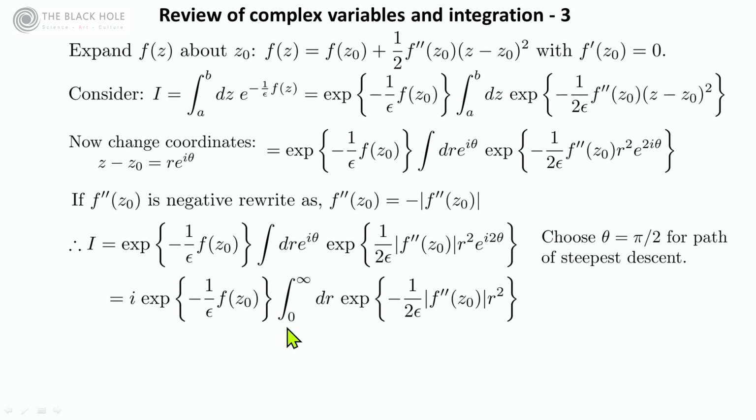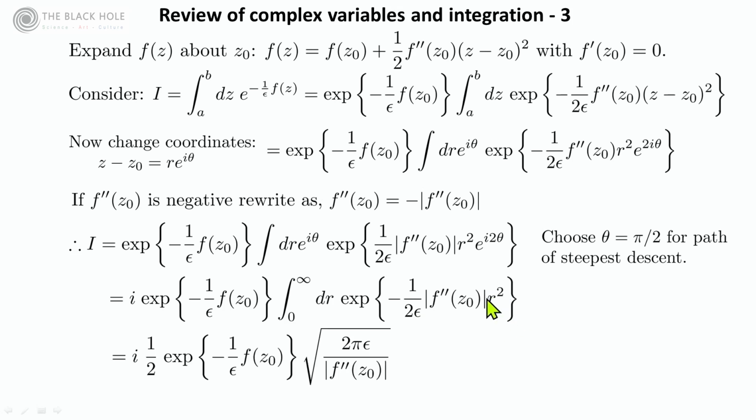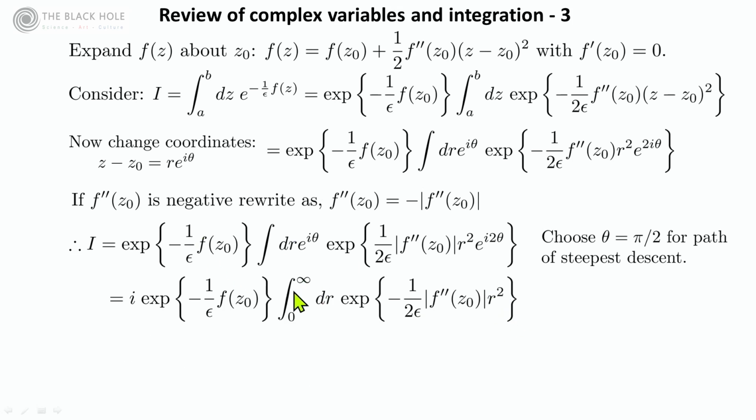Now here you see, how did I change the limits of integration from 0 to infinity? That's because in the limit that epsilon goes to 0, the only thing that will matter is small values of r. So this upper limit over here could be something else, but it doesn't matter, because if epsilon is small enough, then the rest is exponentially small. So this is called the method of steepest descents, I think invented by Laplace 200 years ago.